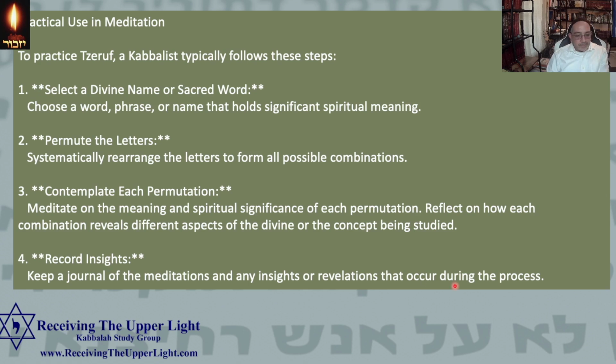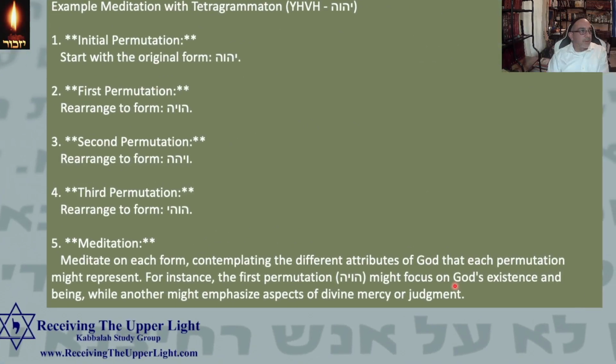So the next thing that we're going to see is an example, as I mentioned before, of how you can do a tzeruf with the holy name of God, the Yod-He-Vav-He.